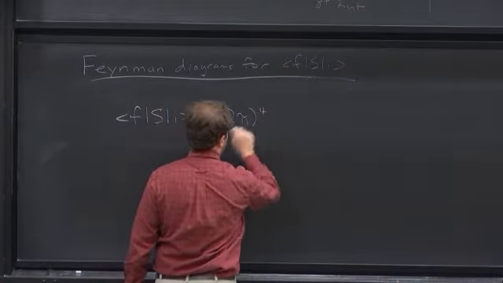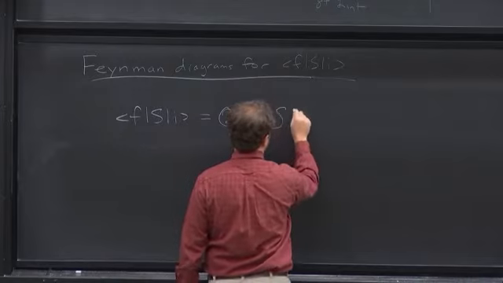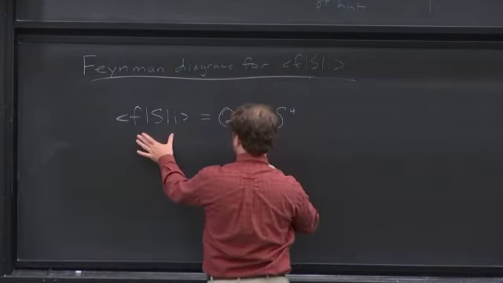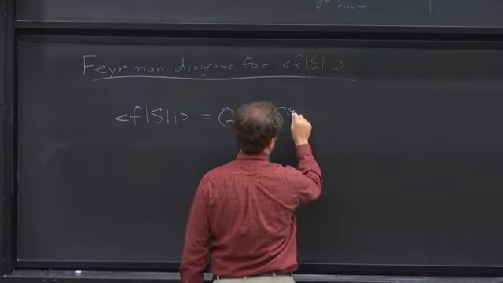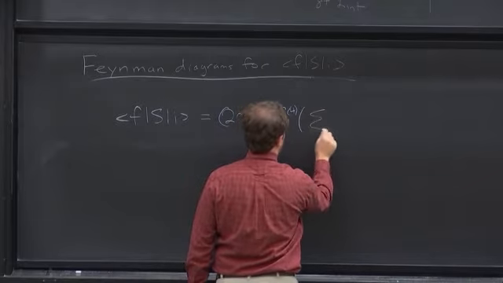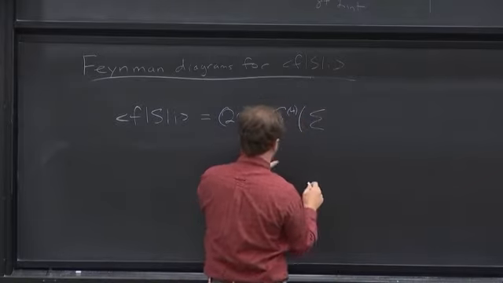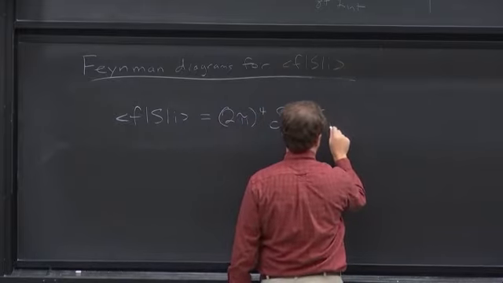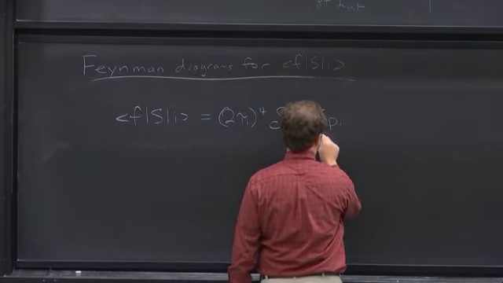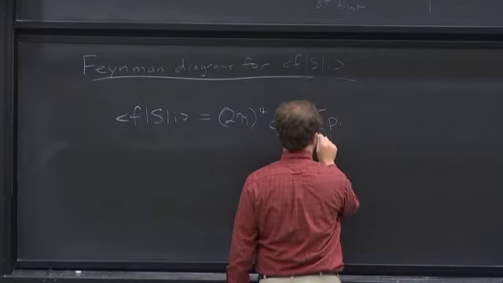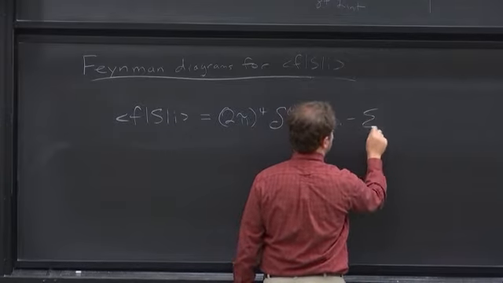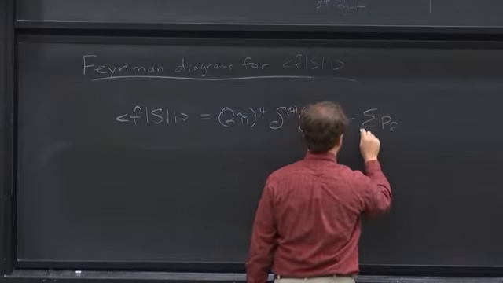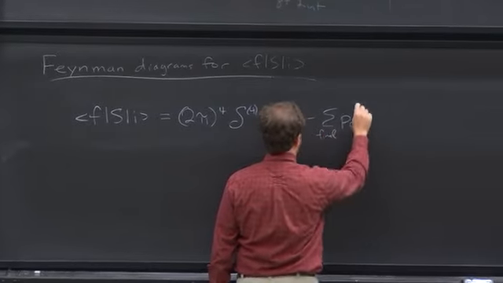And we can define what is known as the matrix element. It's very closely related to the scattering amplitude. We're just pulling out a momentum conserving delta, the sum of the initial four momenta minus the sum of the final four momenta.